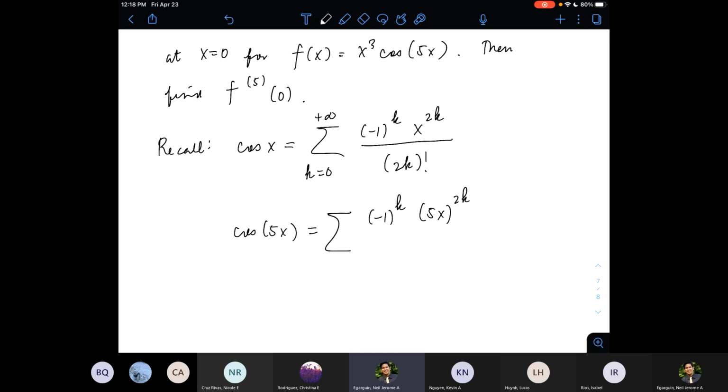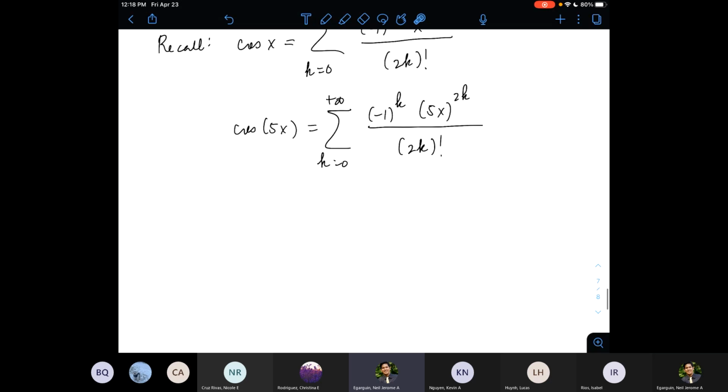So that guy will be raised to the 2k all over 2k factorial. K going from 0 to positive infinity, right? So this is how you take advantage of known series expansions. That's why you will save a lot of time if you can remember those series expansions, right? Because here I don't need to derive anything for cosine 5x. I'll just need to use the formula for cosine, replace all x's by 5x.